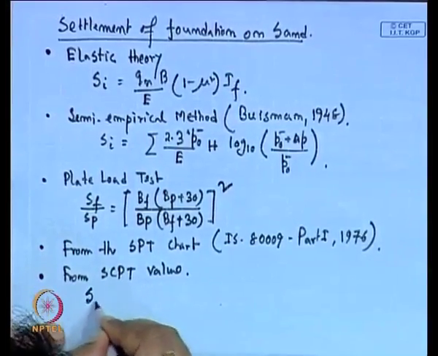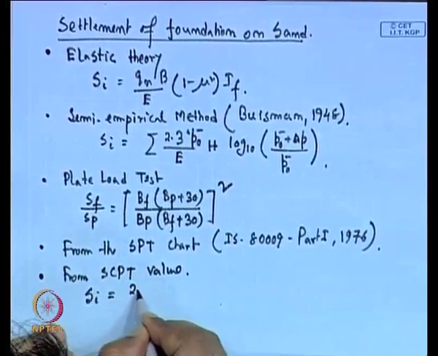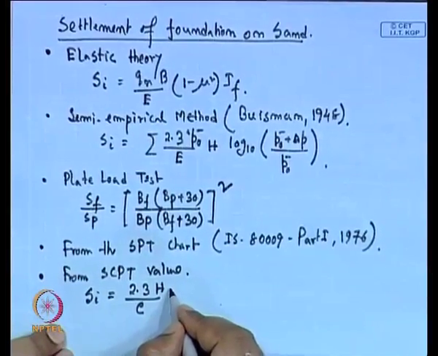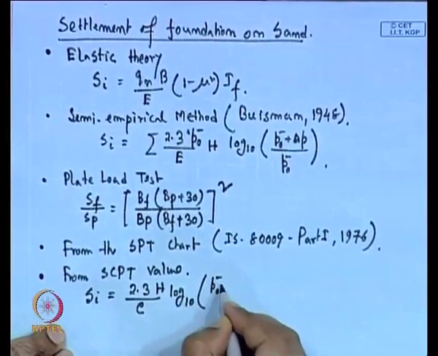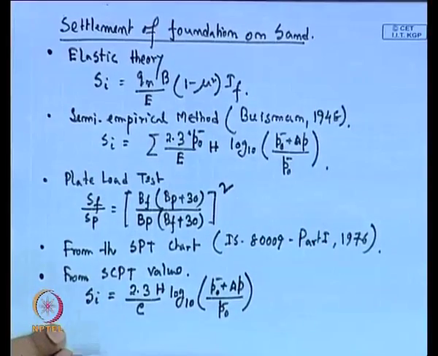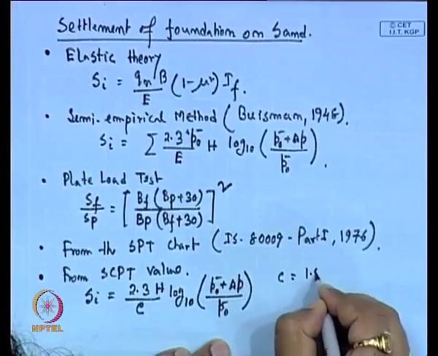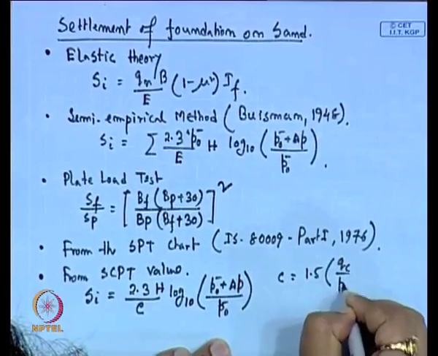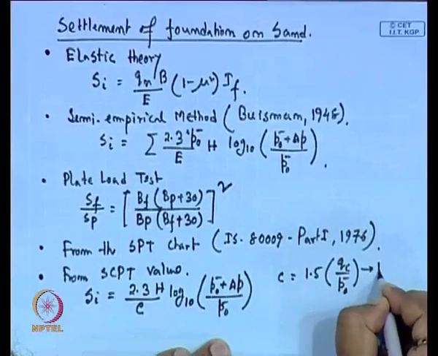Here the settlement S I we can calculate by 2.3 into H divided by C into log 10 of (P 0 bar plus del P) by P 0 bar, where C we get using the expression 1.5 Q C by P 0 bar.